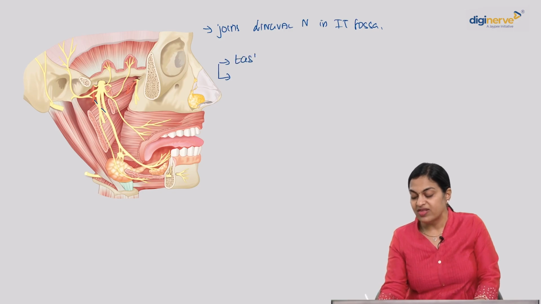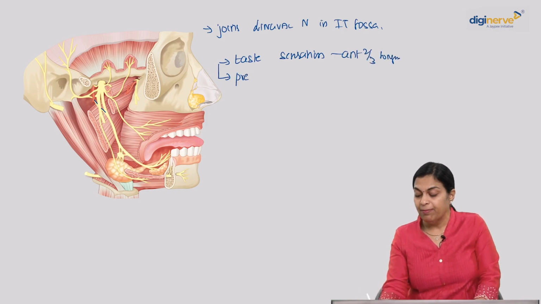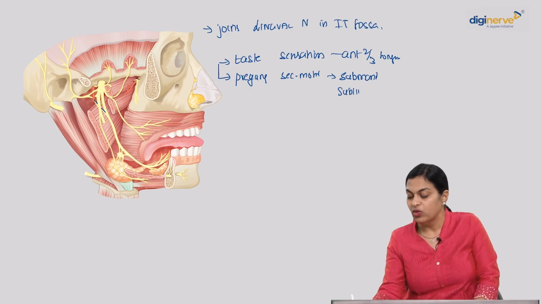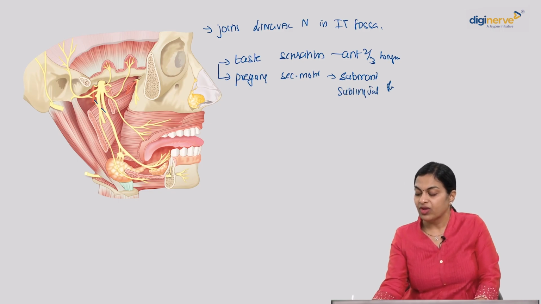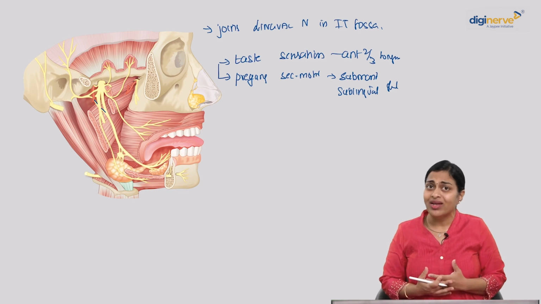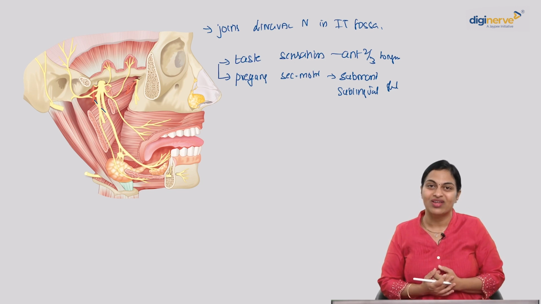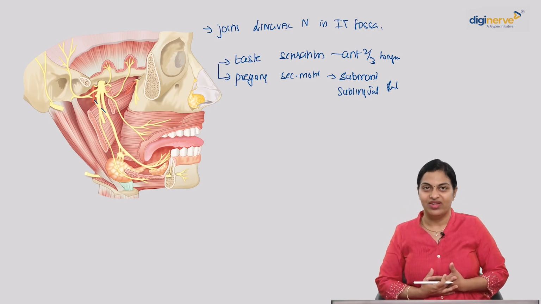The taste sensation from the anterior two-thirds of the tongue, and it carries the preganglionic secretomotor fibers for the submandibular and sublingual salivary glands. So with injury to the chorda tympani nerve, the patient will not be able to appreciate taste sensation in the anterior two-thirds of the tongue, nor will there be saliva secretion from the submandibular or the sublingual salivary gland.